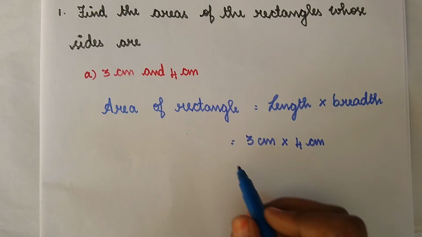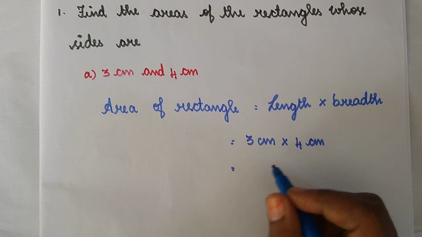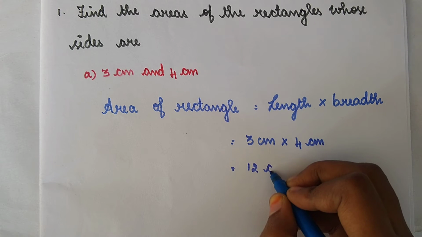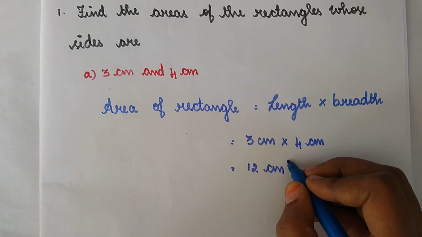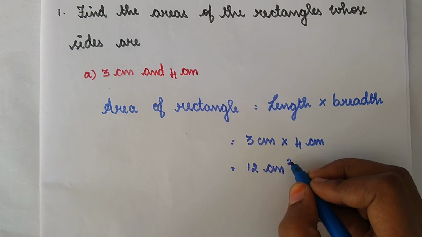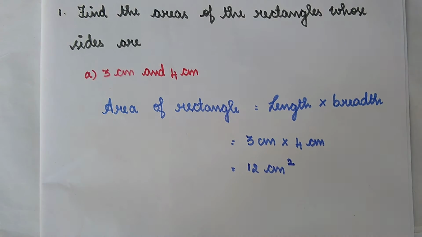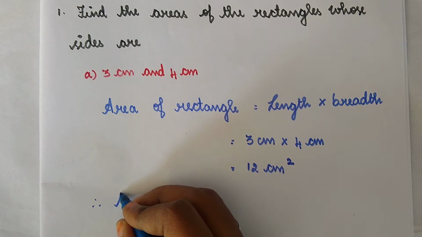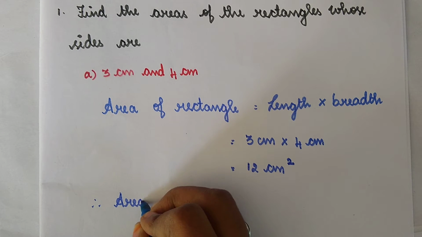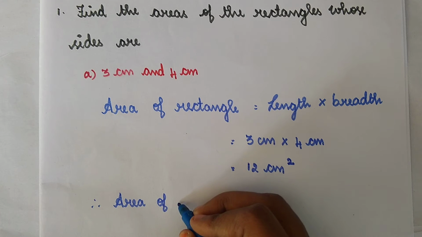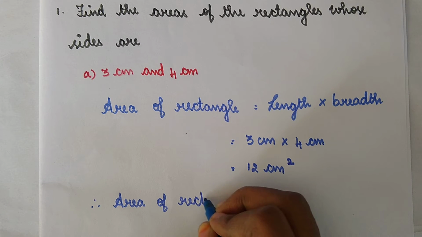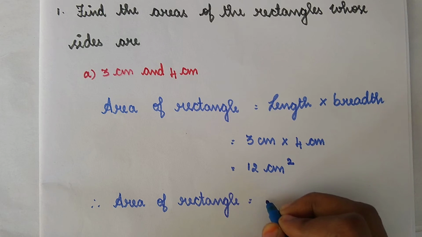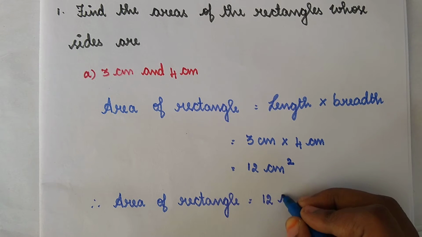Next we multiply 3 and 4. 3 4s are 12, so 12 centimeter square unit. Therefore, area of rectangle equals 12 centimeter square unit.